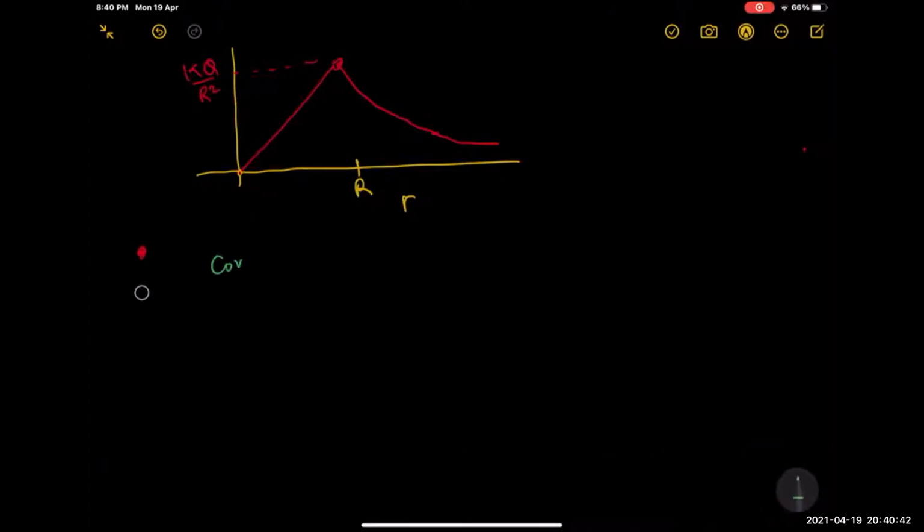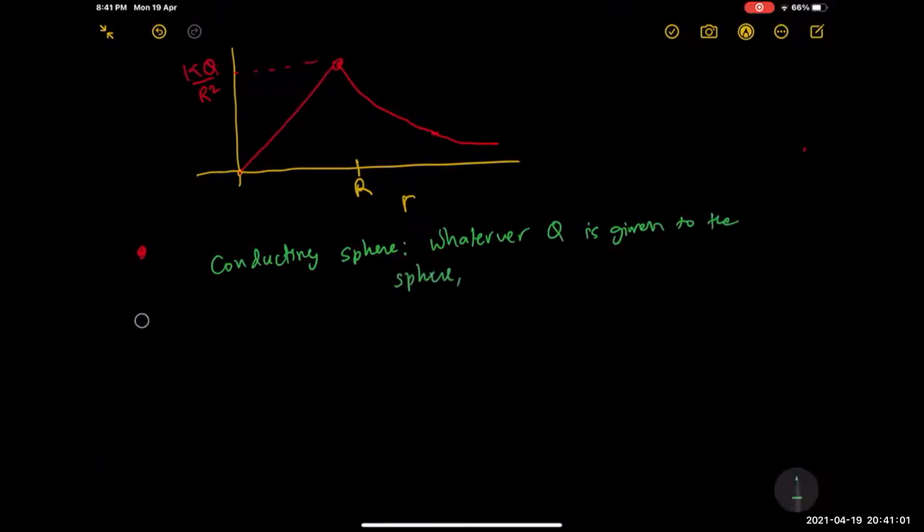Conducting sphere means whatever charge q is given to the sphere, it will arrive at the surface and get distributed uniformly.